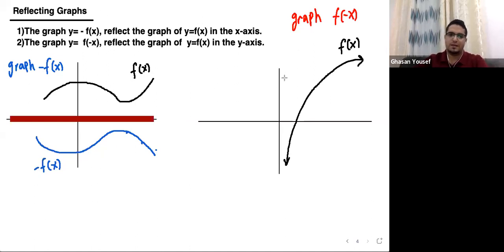So my mirror is the y-axis like this. So this is my mirror. So the graph will be something like this.